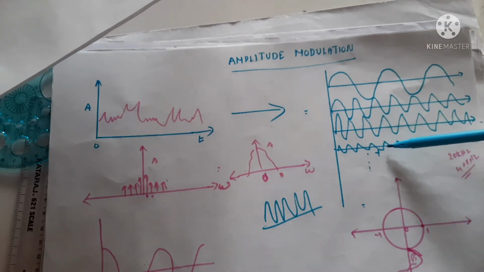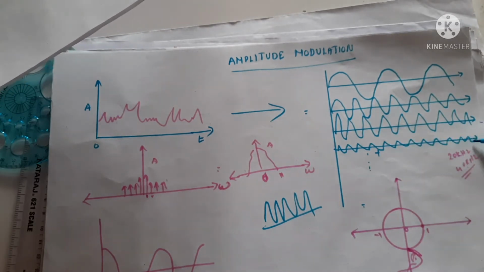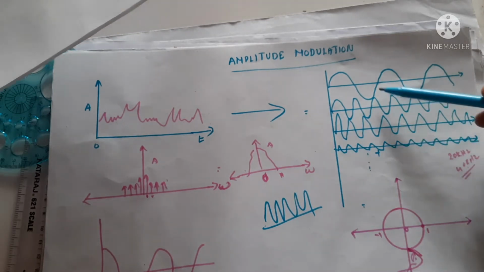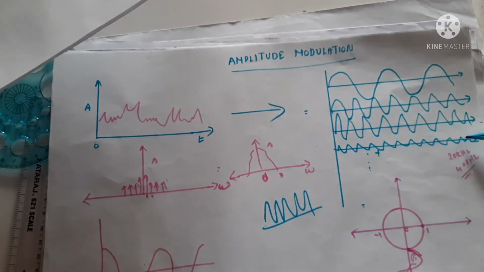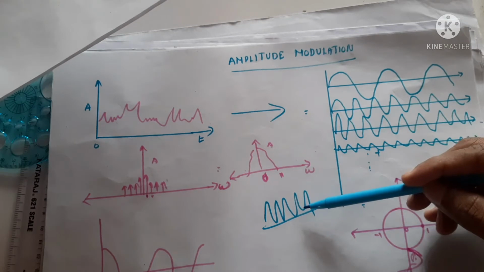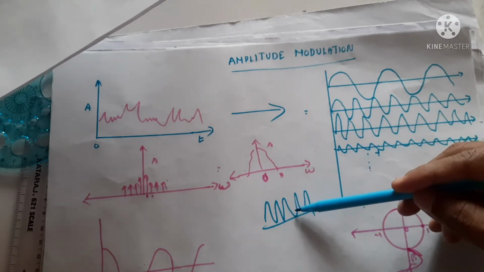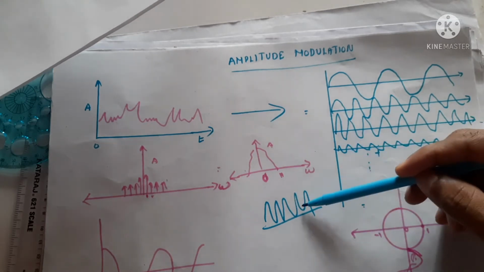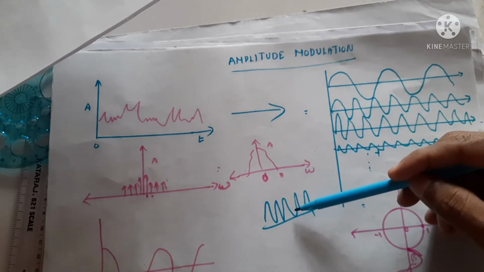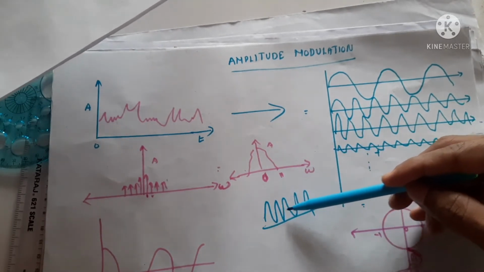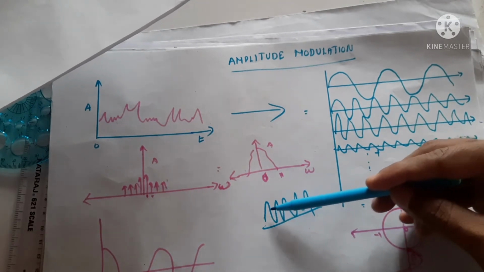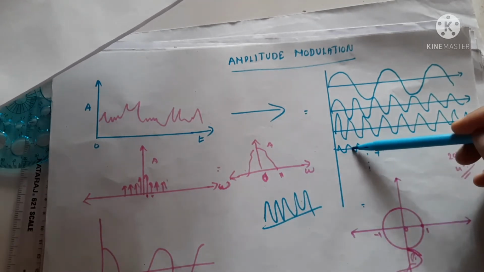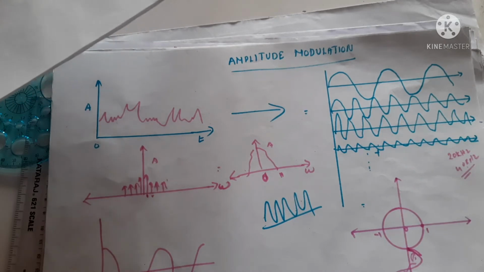For example, if we take this signal as 1 Hertz, it is an example. If this highest frequency is 1 Hertz and we are modulating with a carrier frequency that is 4 times, in 1 second it covers 4 cycles, and the modulating signal covers 1 cycle in 1 second.